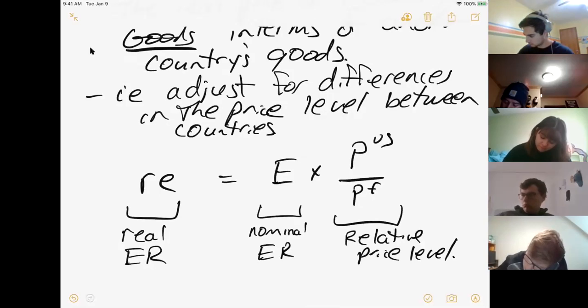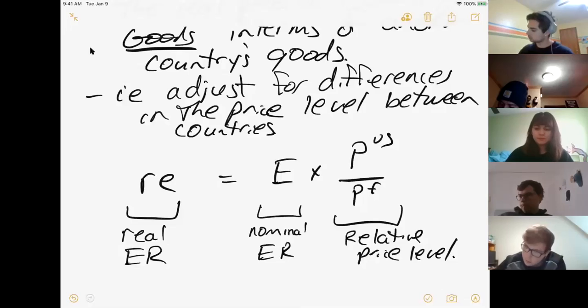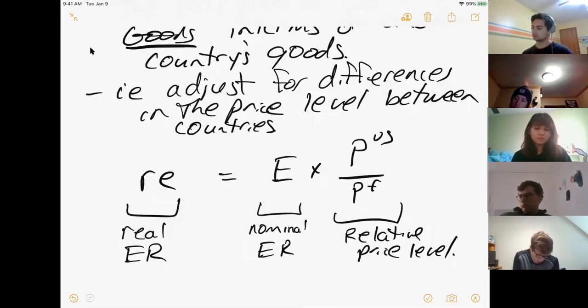Here I'm picking the US and some foreign country. All your nominal exchange rate is doing is taking that nominal exchange rate and adjusting for differences in the price level. We have been doing this when we compare GDP between countries. We don't just adjust by the exchange rate, but we also adjust by differences in the price level, right?